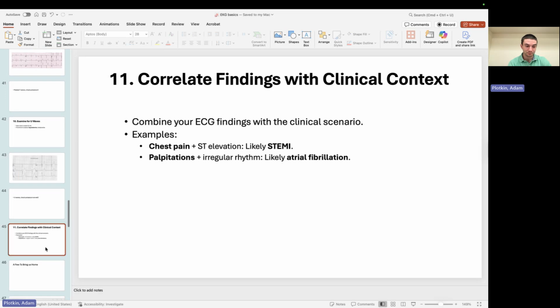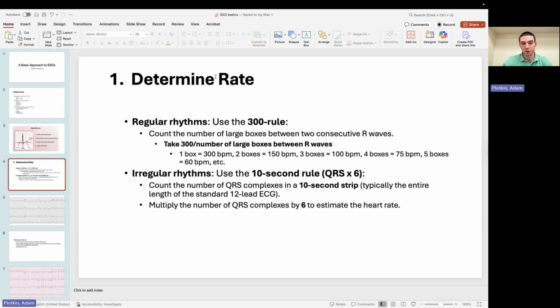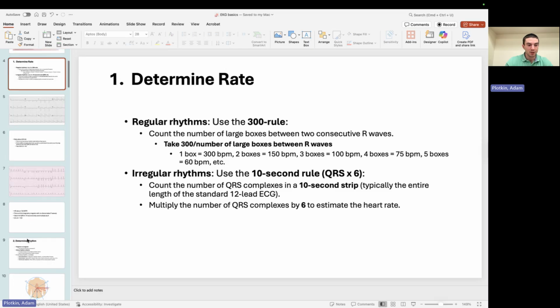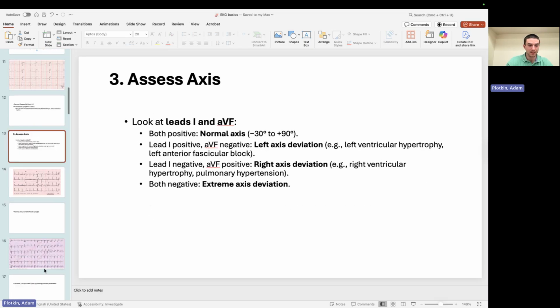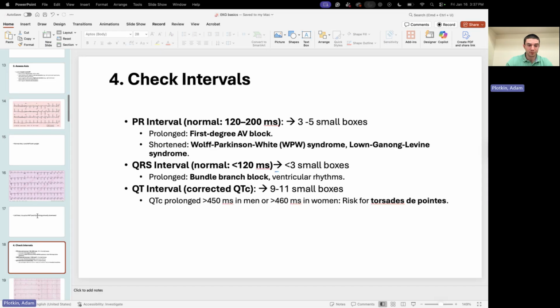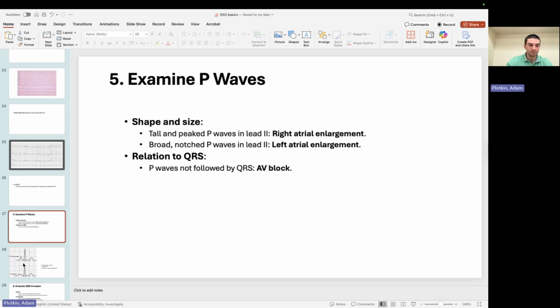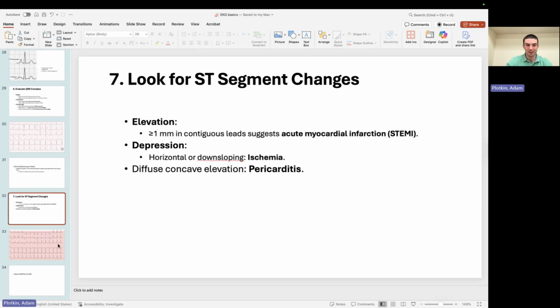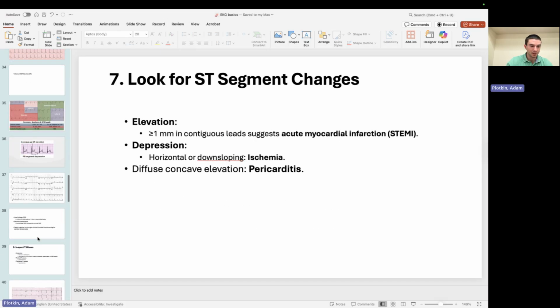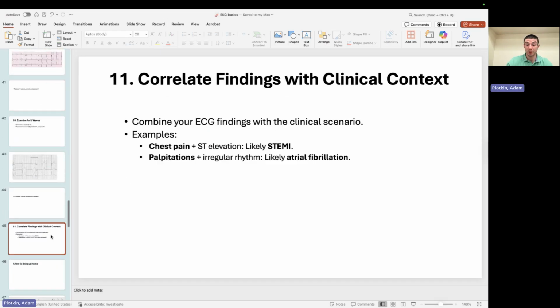Okay. I'm just going to run through them real quick again. You determine your rate, you determine your rhythm, you then assess your axis. You check your intervals, you examine your P waves, you examine your QRS, you look for ST segment changes, you inspect the T waves, you look for U waves, and then you put it all together, right?